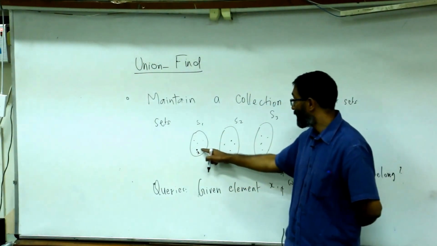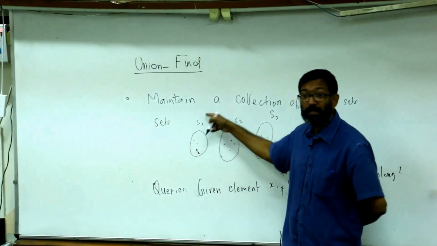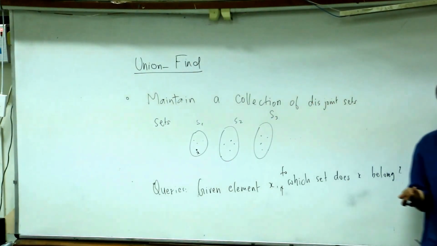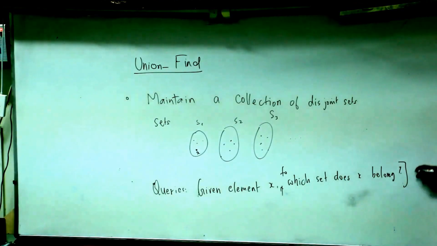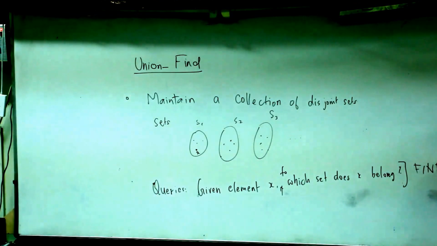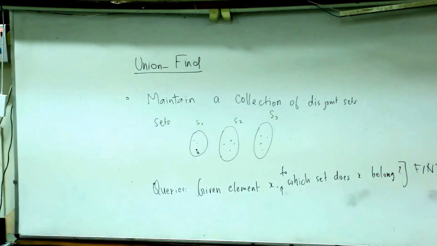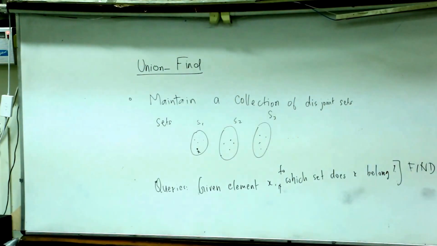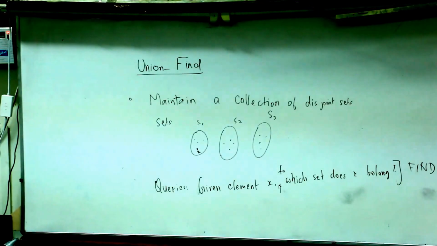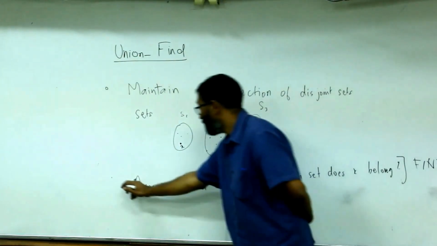If I give you x, then your output to this query should be, well, x belongs to set S1. Okay, so this is called the find operation, which is the find in union find. I want to find this element x, which is tell me which set does x belong to. Okay, so this is one.